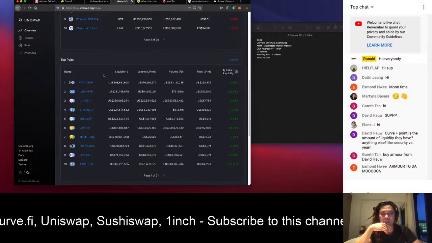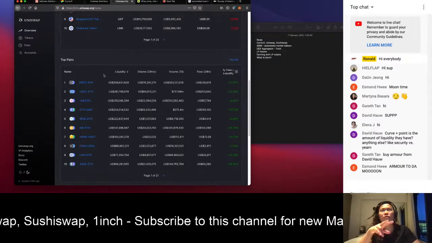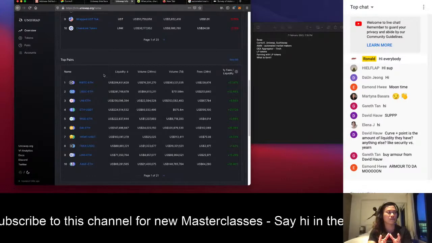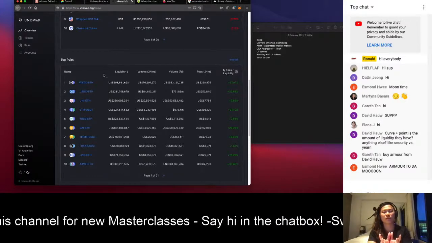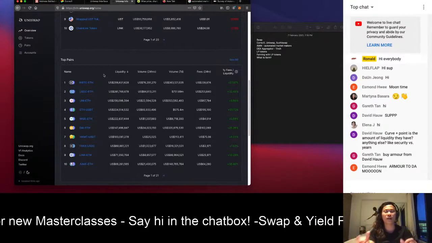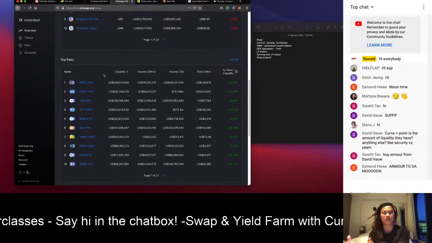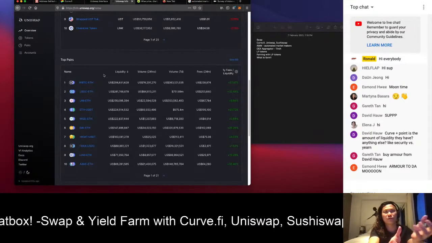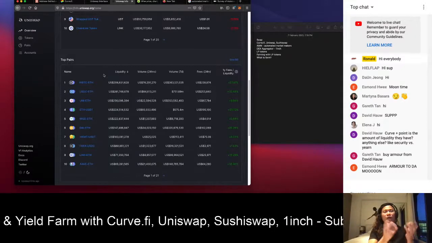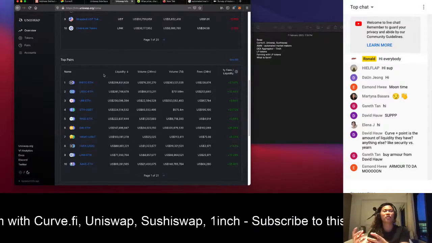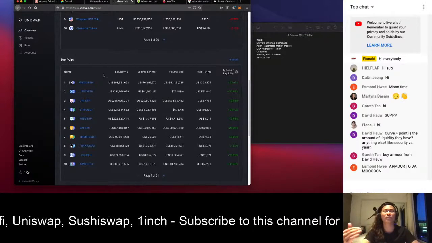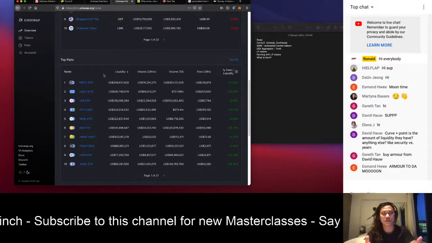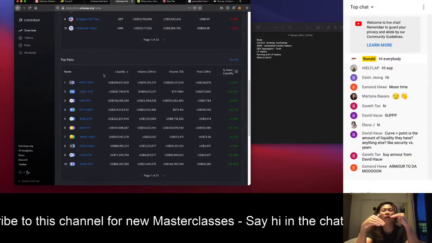Another way to describe impermanent loss is the difference in value between just holding both tokens without liquidity provision, and putting both tokens into a liquidity provision like Uniswap and then taking them out after that. If the value of me just holding is higher, then you would have suffered impermanent loss. You're better off just holding the tokens instead of doing liquidity provision. That's the point. And now you understand how you get the impermanent loss.